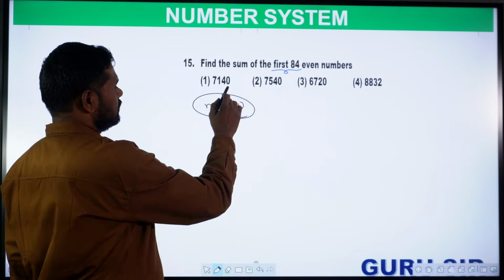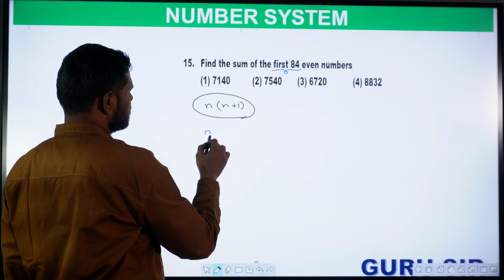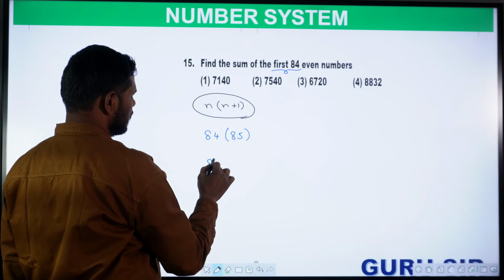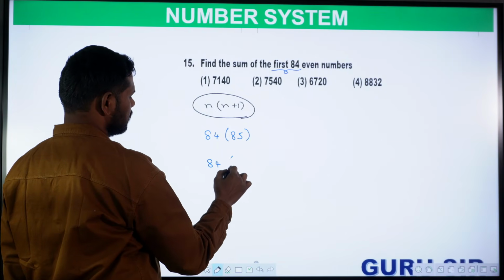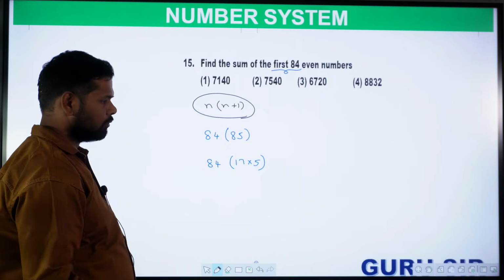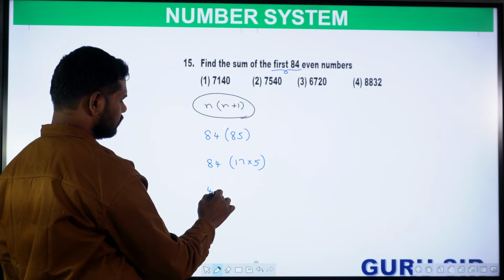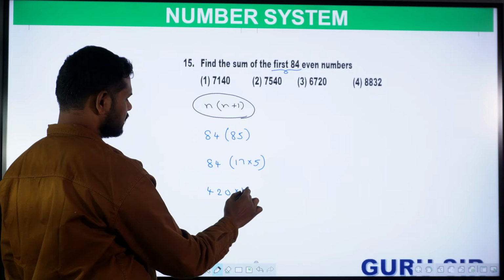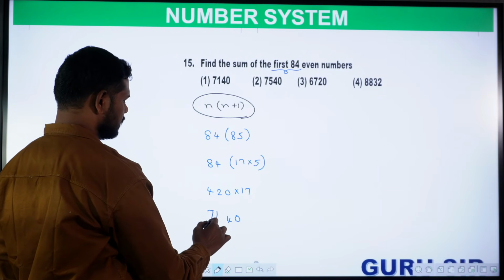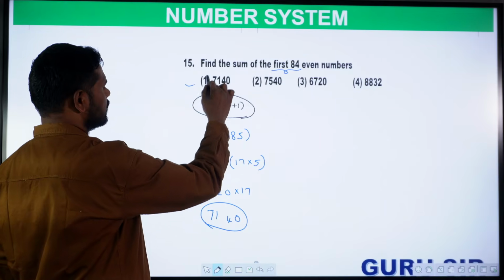But here, the sum of the first 84 numbers means 84 into 85. Simply you can write it like 84 into 17 into 5. 84 into 5 is 420, into 17, so 7140 is the answer.